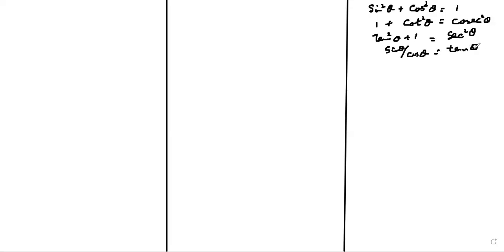Right, we use these identities to solve exercise 7.4. I remind you that a question must come from this exercise, either short or long, and I try to do the maximum questions of this exercise. So from question 1 to 6, simplify.